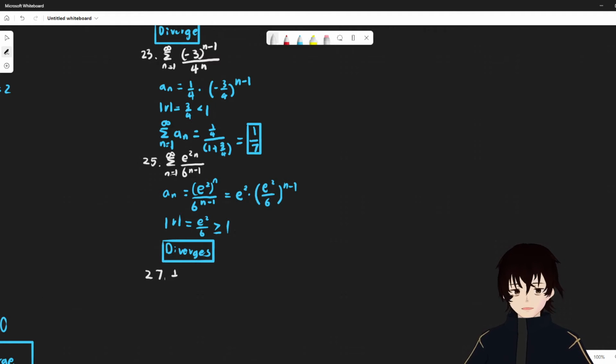This time we got 1/3 plus 1/6 plus 1/9 plus 1/12 plus 1/15 plus dot dot dot. Our series is going to be a sub n is equal to 1/3n.